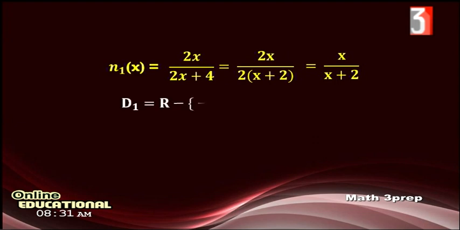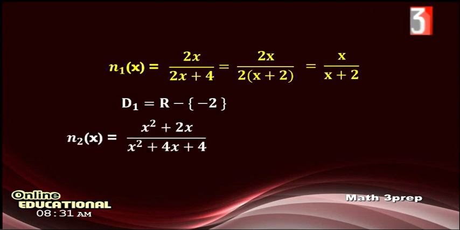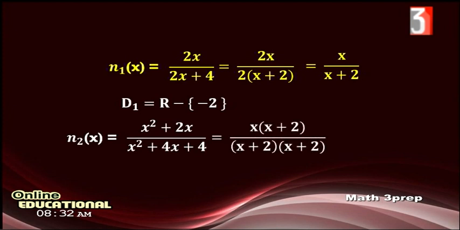And what about the domain? Domain number 1 will be R except negative 2. What about N2(x)? It is (x squared plus 2x) over (x squared plus 4x plus 4). Both numerator and denominator can be factorized. The numerator, how can you factorize it? That's correct, by taking x as a common factor, so x(x plus 2).